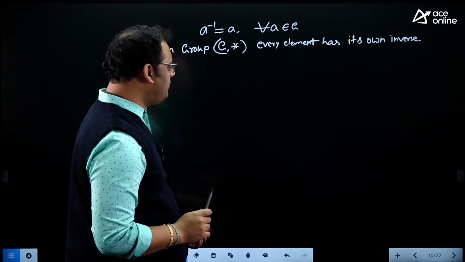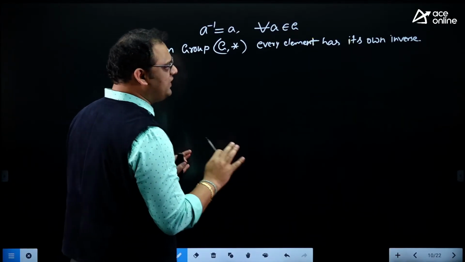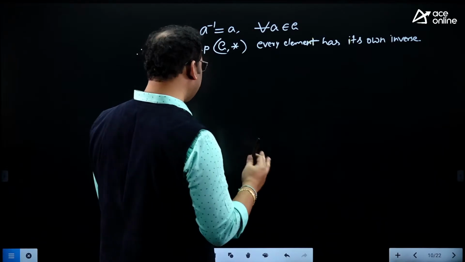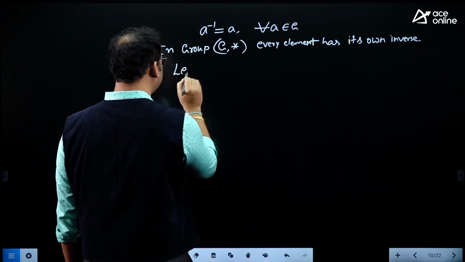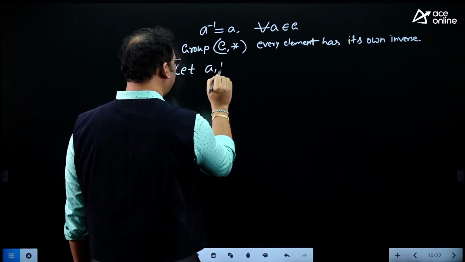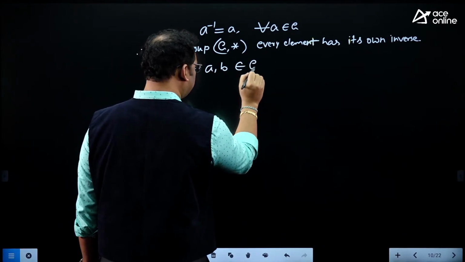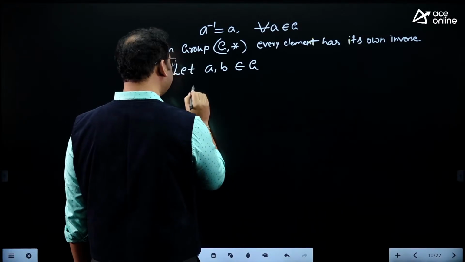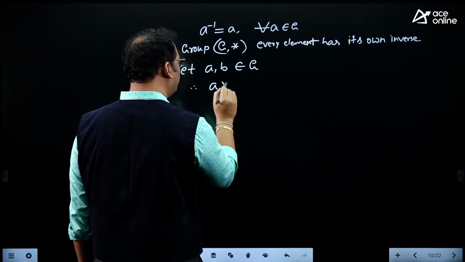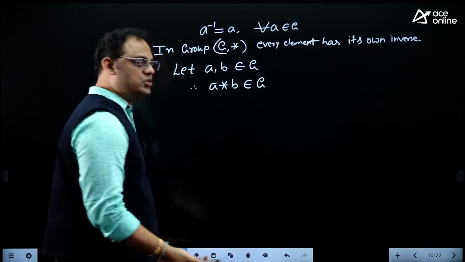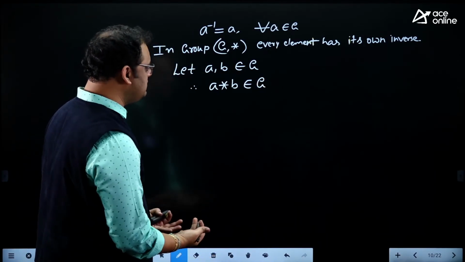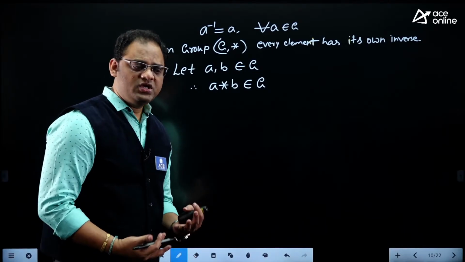Okay, let me operate in this way. Sir, every element is having inverse now. Okay, let us suppose, sir, I want to take two elements. Let A comma B belongs to G. If A comma B belongs to G, therefore I want to confirm that A star B also belongs to G. Sir, how you can say that? Because the given algebraic structure is closed.